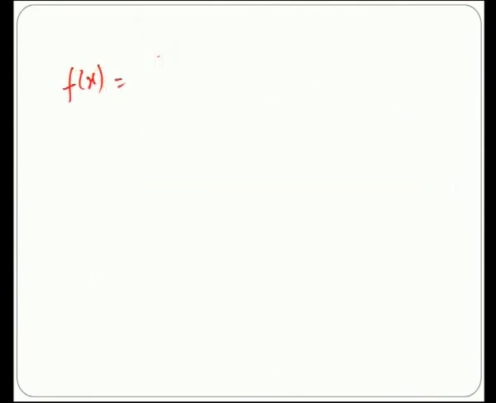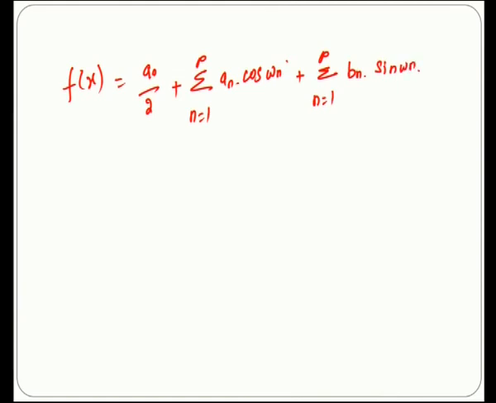Suppose you want to write the final expression f of x, how do you represent it? A naught by 2 plus summation of n equal to 1 to infinity a n cos n omega, plus summation of n equal to 1 to infinity b n into sin n omega. So, what is the a naught value?